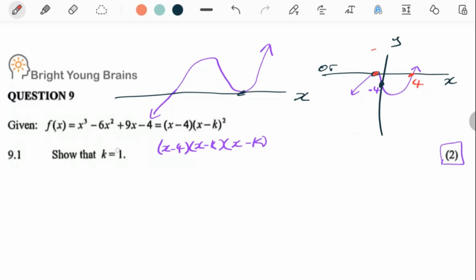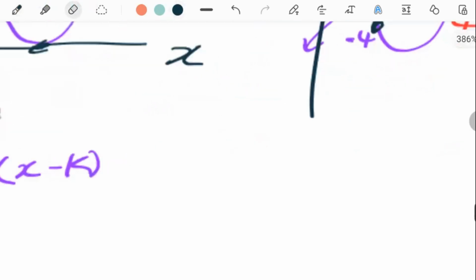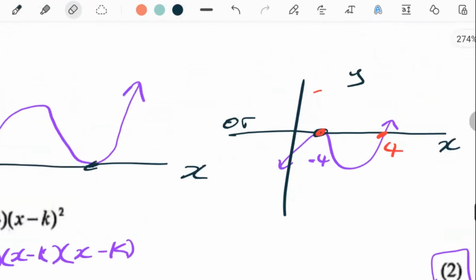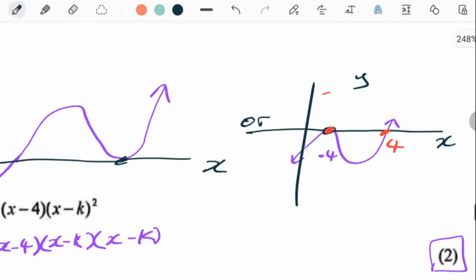But then here they're saying that k is a 1, so that makes things very different. We could think that maybe our y-axis could be somewhere there, where if our y-axis is somewhere there, it means that this could still be a -4. And then here, this is a +5, and then obviously this would be a +1.